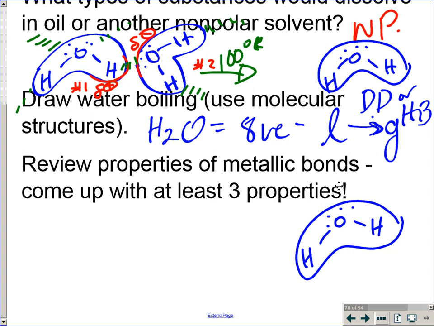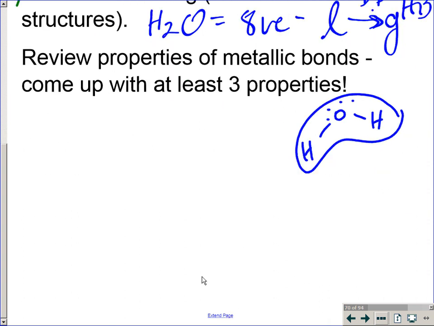All right, review metallic real fast. You guys in your tables come up with at least three properties. You might have your table with you. You can use that.